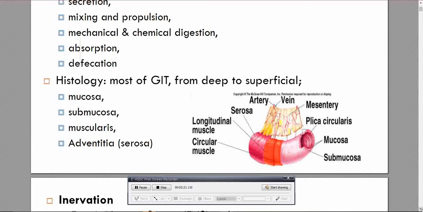That is just the orientation of the structure of the alimentary canal. It shows you all the tissues that are structurally put together to construct that structure.